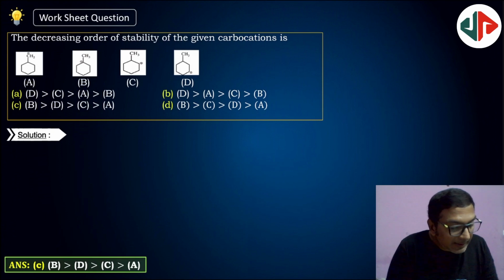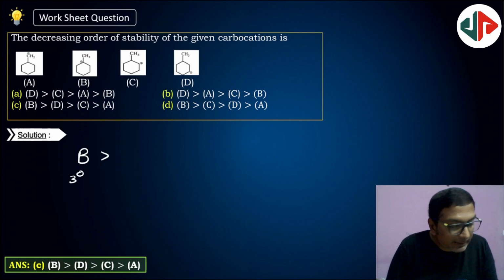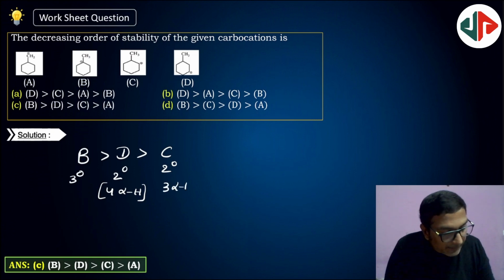So here also we can check first B. B is a tertiary carbocation. After that, D is secondary and it contains 4 alpha hydrogens. After that, C is also secondary, but it contains only 3 alpha hydrogens.